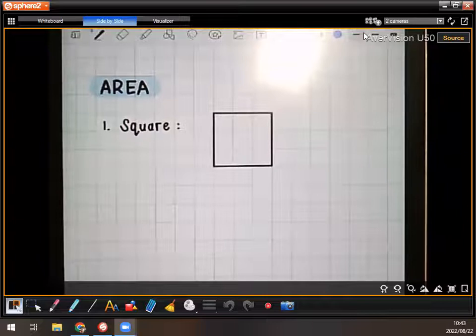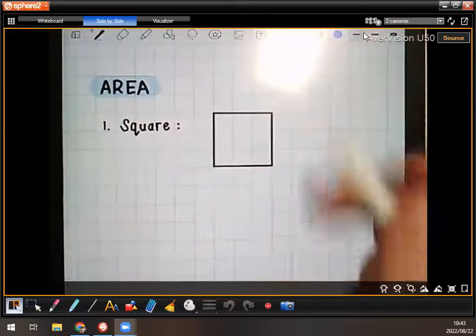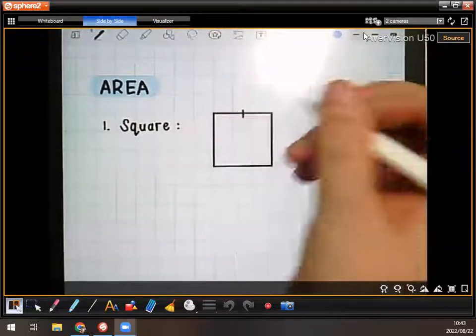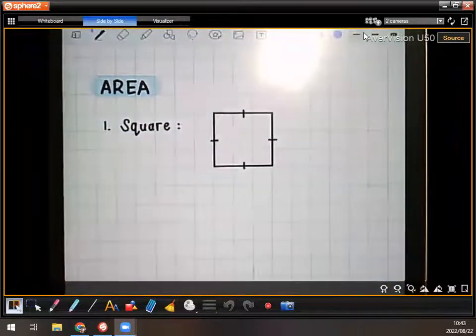So guys, what is the main property of a square? What is the thing that makes a square square? Yeah. All the sides are equal. All right, so let's fill that in on the picture when you guys are ready. I'm just going to put a little line on each of those sides just to indicate that all four of those sides are equal.